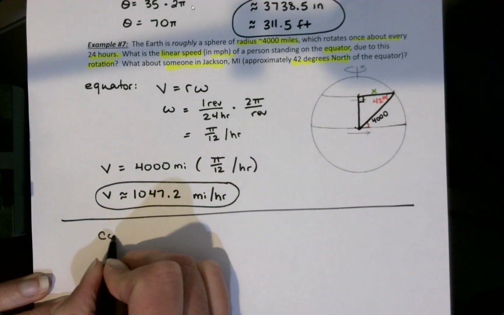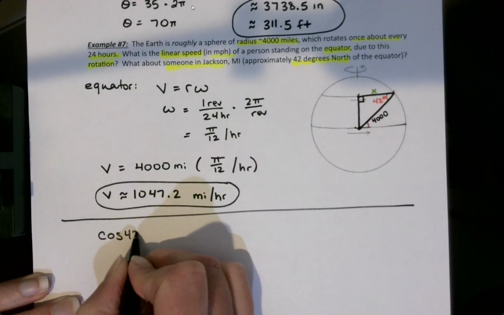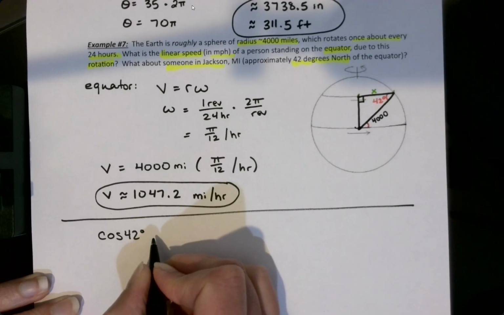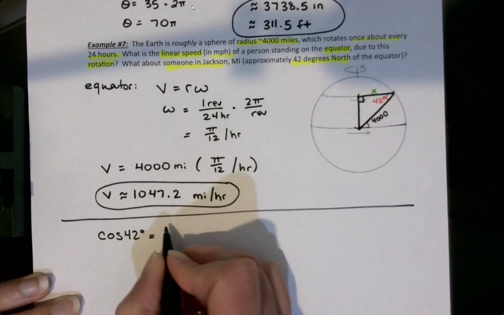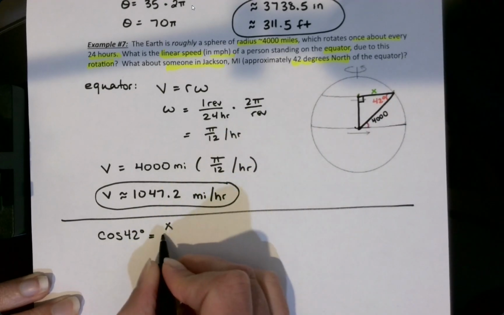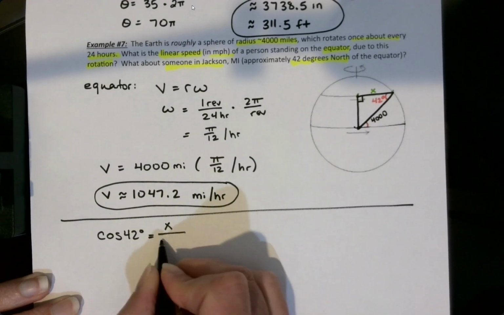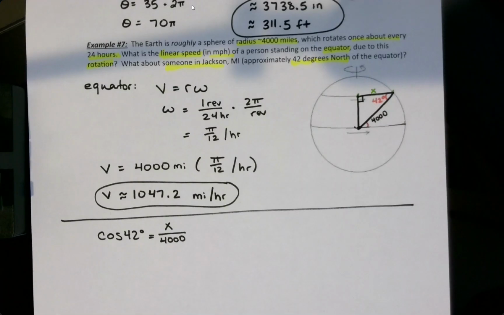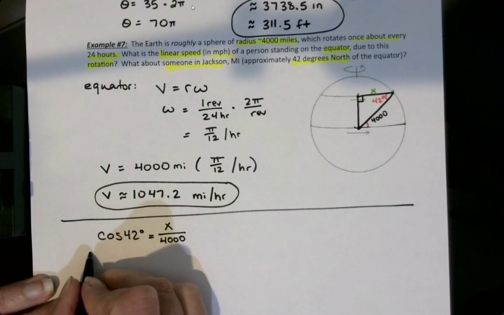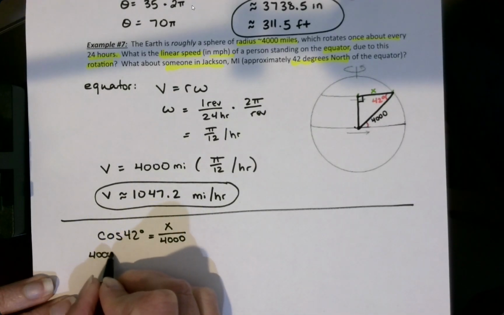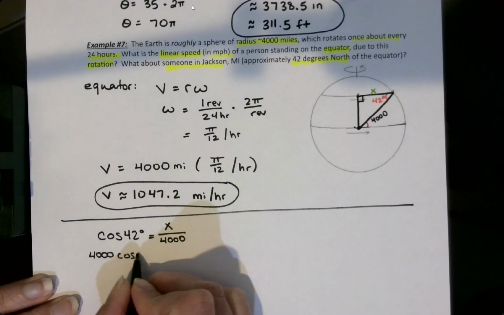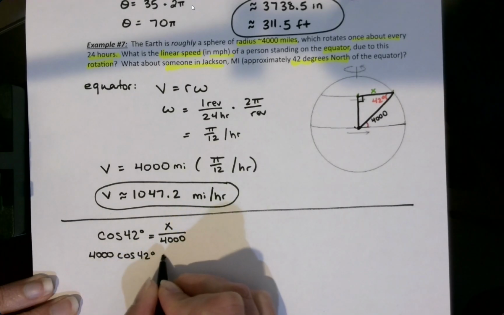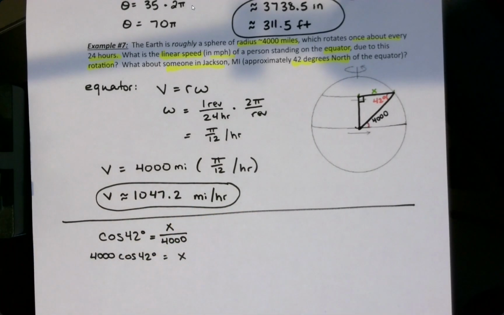So I'm going to use the cosine of the 42-degree angle. Cosine of 42 is equal to adjacent, which is what I've called x there, over the hypotenuse, which is the 4,000. Let's multiply the 4,000 to the other side. 4,000 times the cosine of 42 degrees is equal to x.